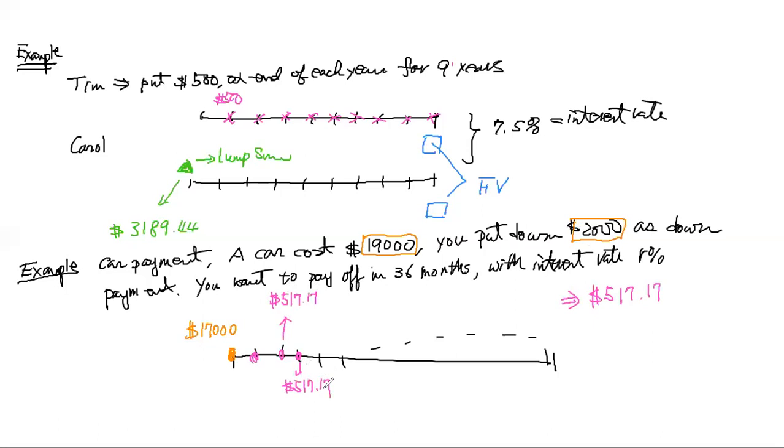Okay, clear? And the same thing applies to your home mortgage. The home mortgage works the same way. So let's do our last example, and then we can take a look at the mortgage. Let's take a look at the example here.